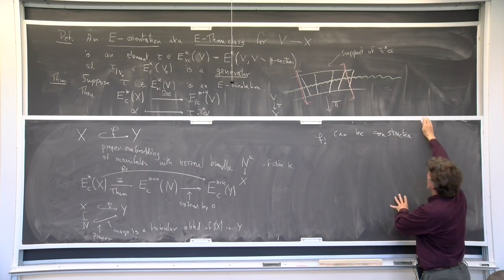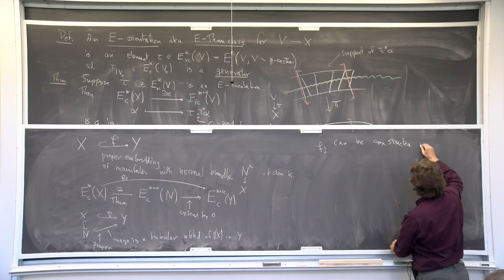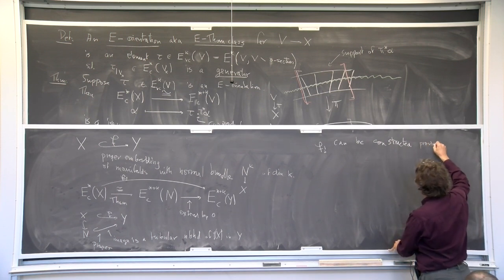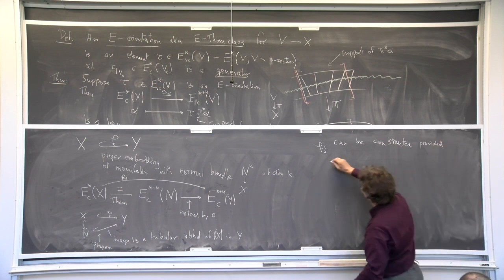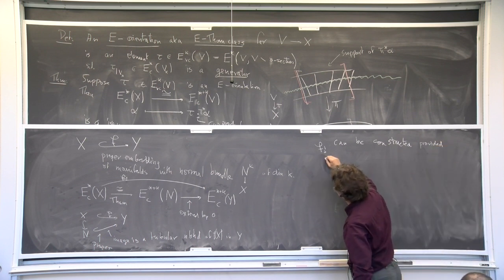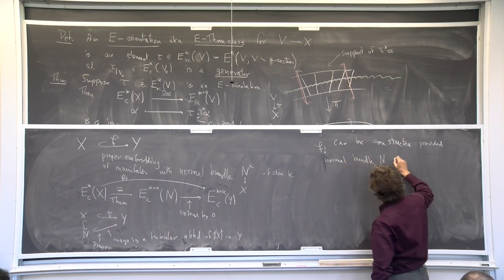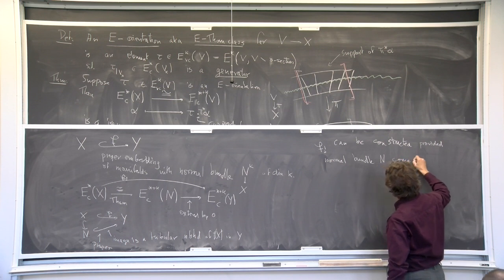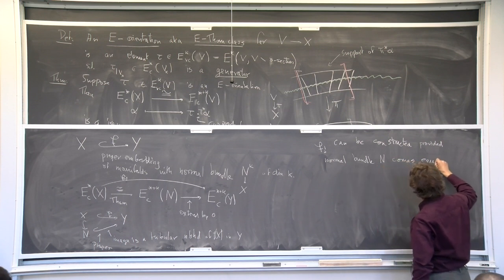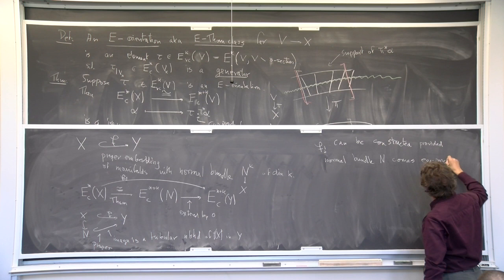So it can be constructed provided the normal bundle N comes equipped with an E-orientation.